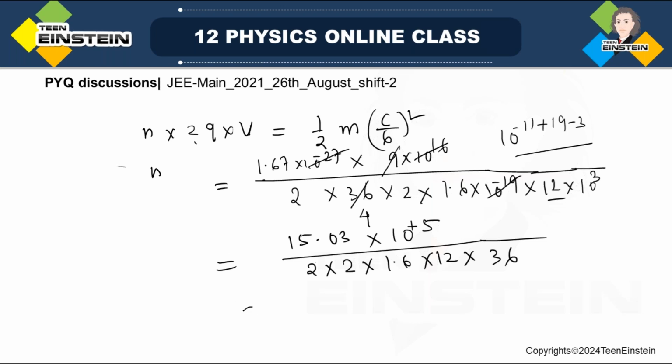Anyway, you just do this calculation, it will be something like around 534.